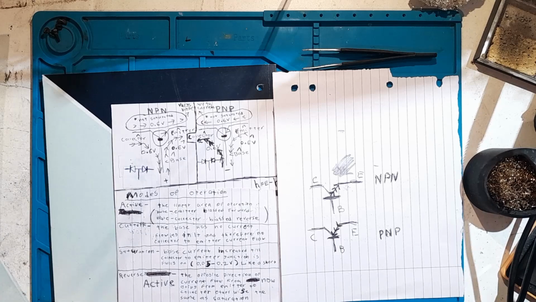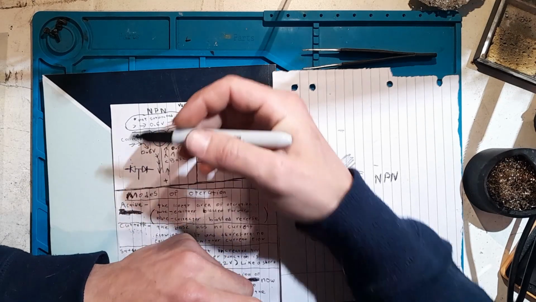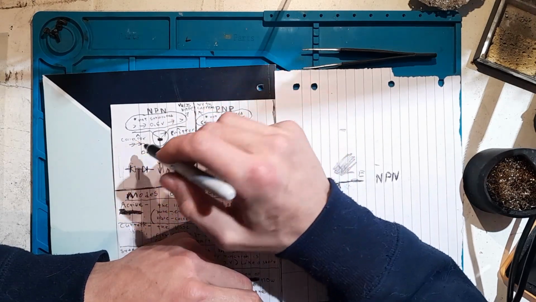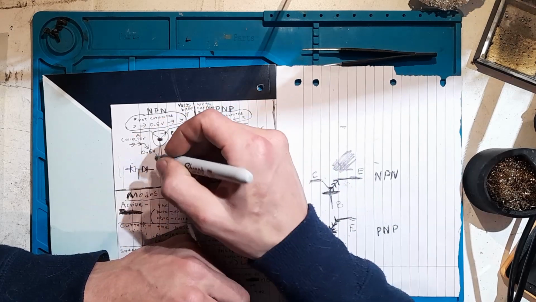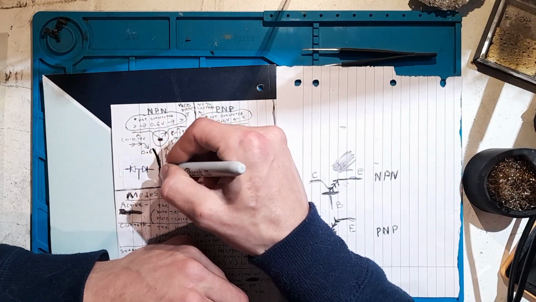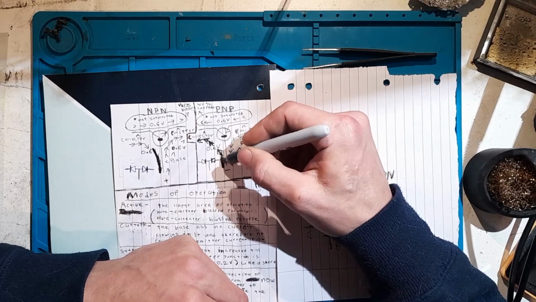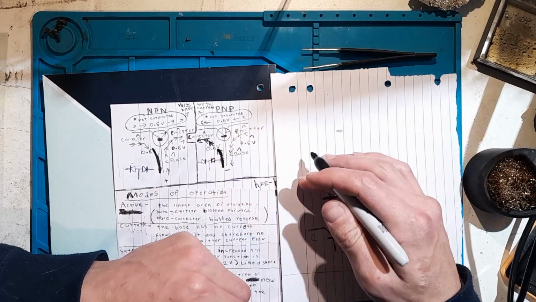What actually happens with the electrons is they don't flow from the collector all the way out the base. I shouldn't have drawn these arrows going all the way down the base pin, is basically what I'm getting at.